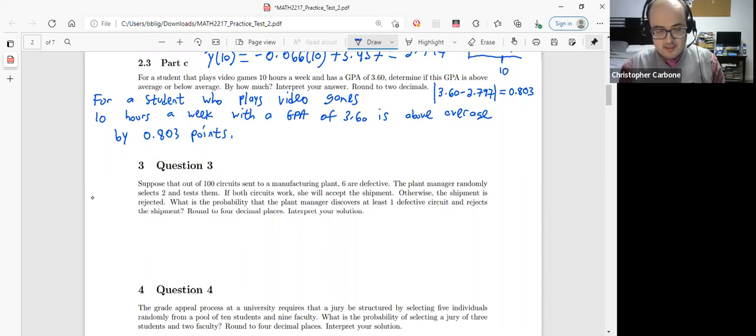So this is the probability of at least 1 defective circuit. So at least 1 being defective. Due to that terminology, it's best to describe that using the complement rule. 1 minus the probability that 0 of them are defective or both are not defective.